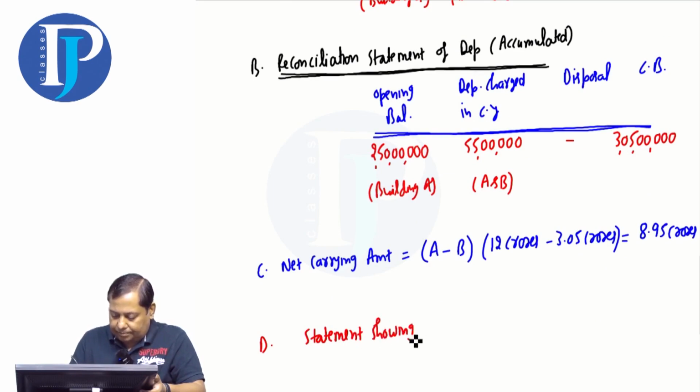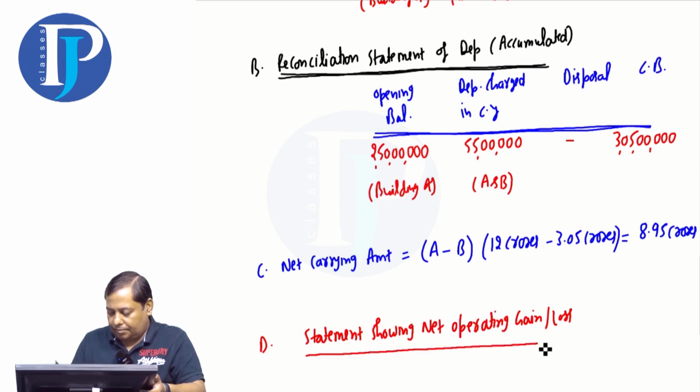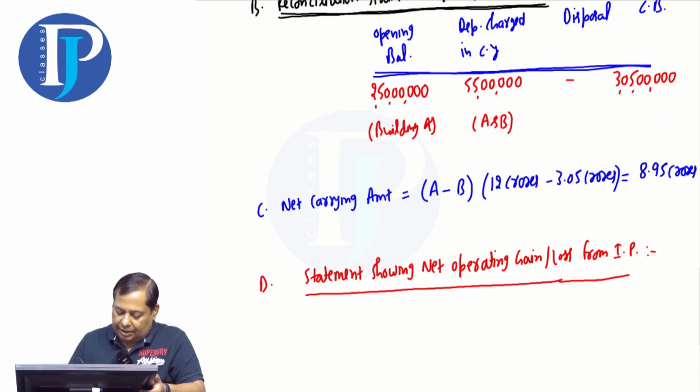Statement showing net operating gain or loss from investment properties. For this, firstly, we will write total rentals.